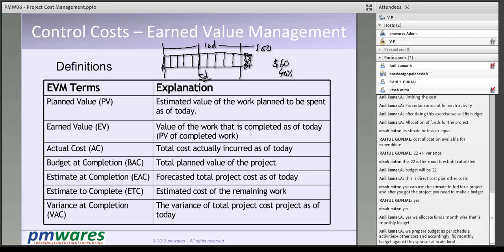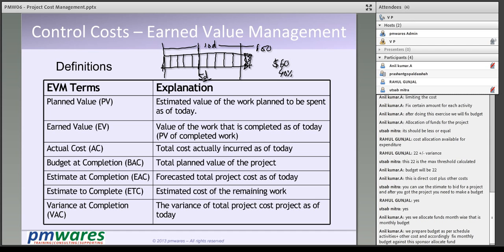Your task is completed 40% and you have spent $60 as of now, and it is the 5th day. Okay, got it? On the 5th day I am measuring the progress. I found I have spent $60 and completed 40% of the work.